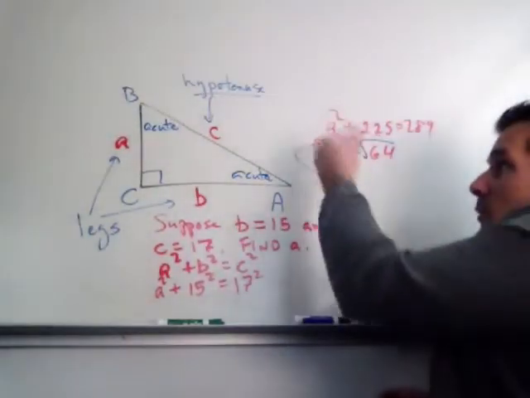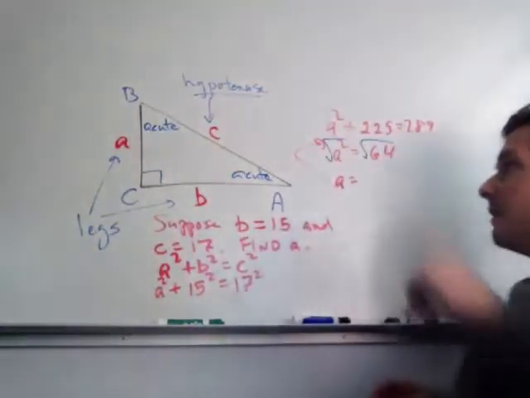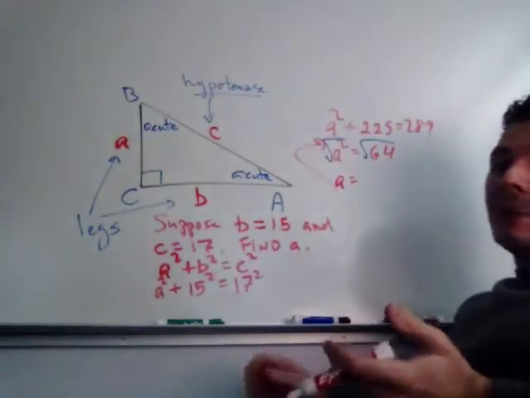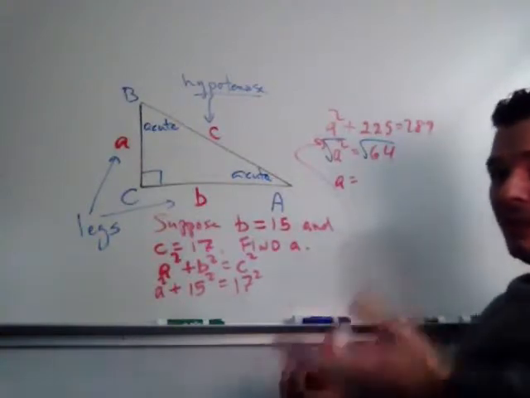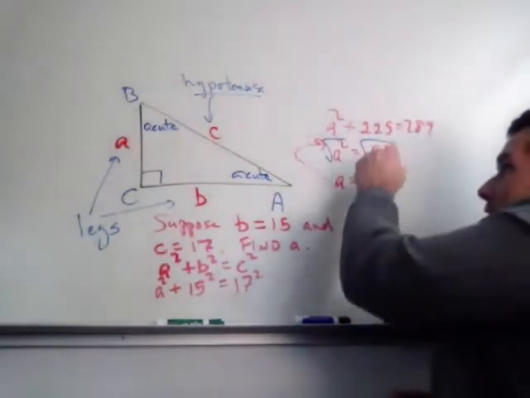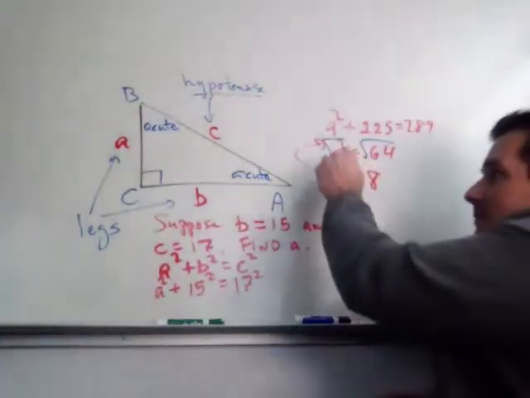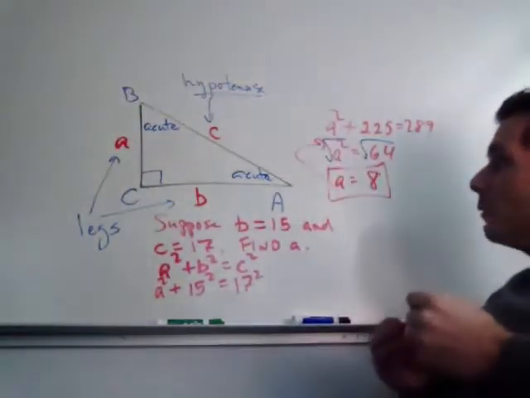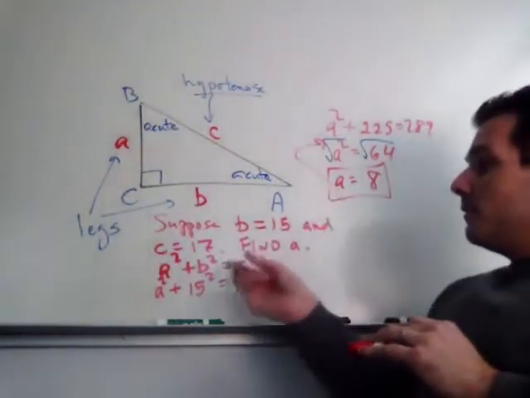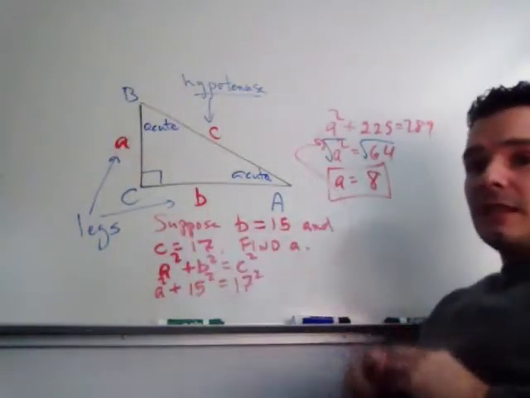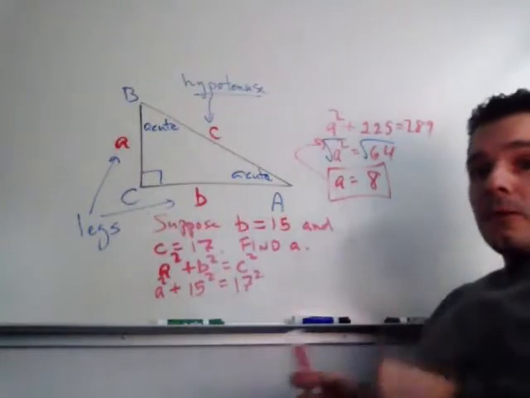So the square root of A squared is just going to be A, and then the square root of 64 technically would be positive or negative 8, but it's a length, so it's just going to be positive 8. So we know that the other leg would then be 8. All right? So we have 8, 15, and 17 as the three sides of our right triangle.